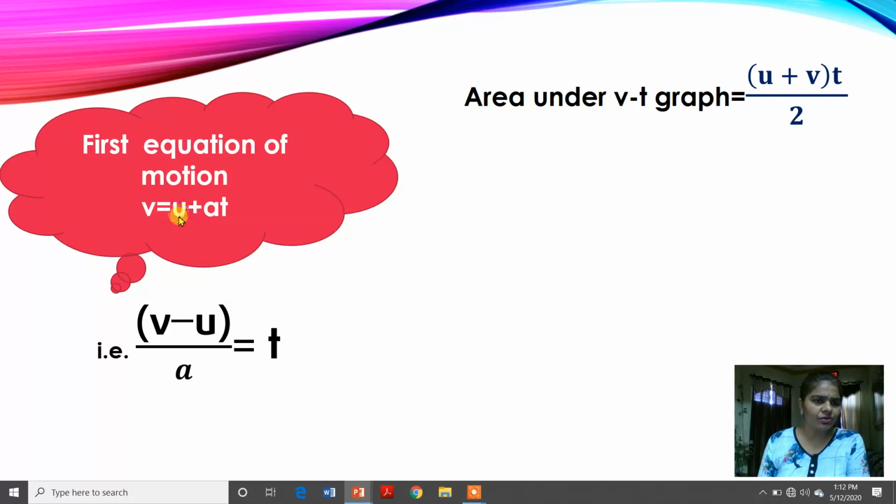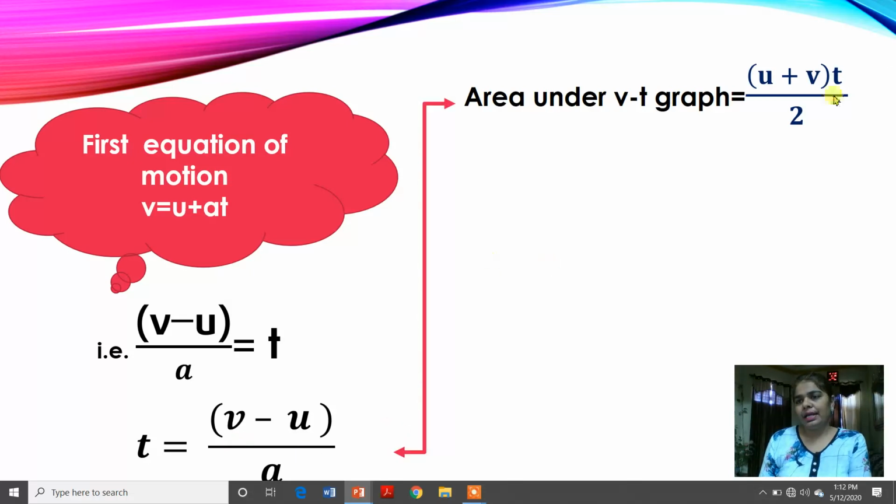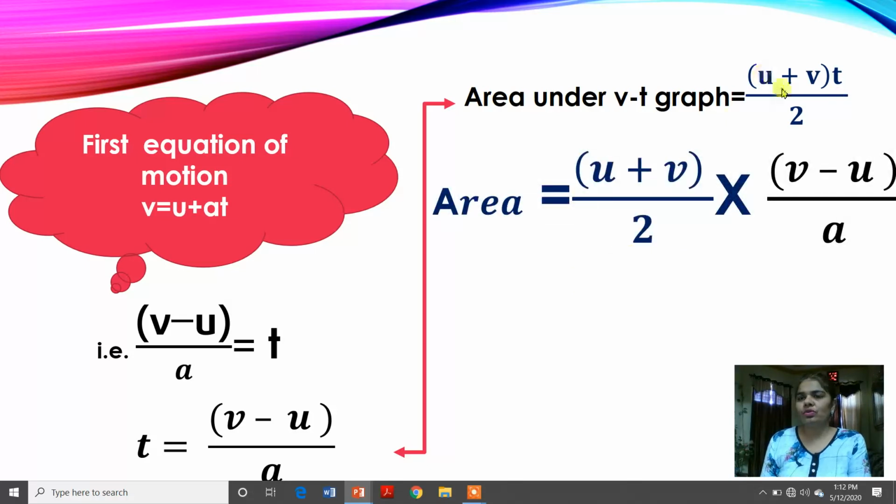We take this u to the left side, we get v minus u, and then divide it by a. So we get (v minus u) upon a equals t. We'll substitute this value here, and we get area equals (u plus v) by 2 as such, and instead of t we write (v minus u) upon a.